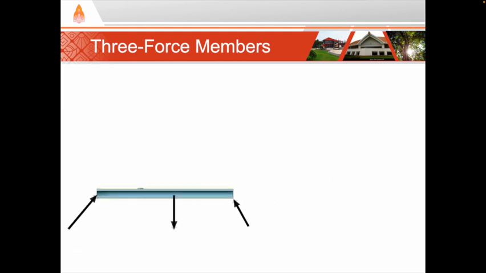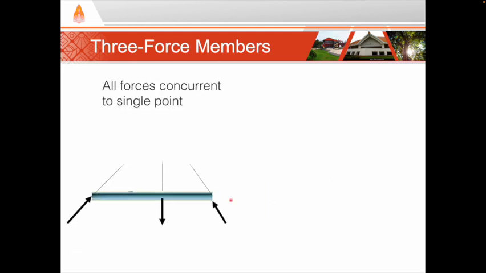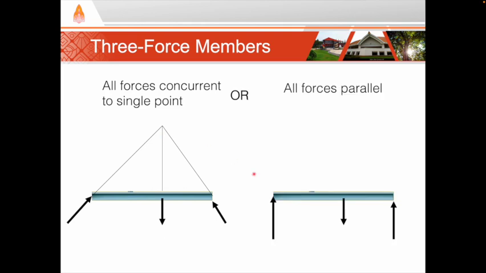First, all of the forces can be concurrent, meaning that they all point towards and coincide at a single point. Or, all of the forces can be parallel to each other. So, sometimes it can be helpful to recognize 2 or 3-force members in the system to help simplify the problem. And I'll show you an example of that.